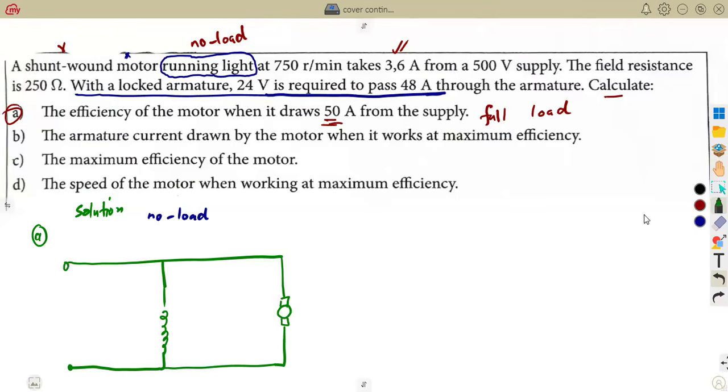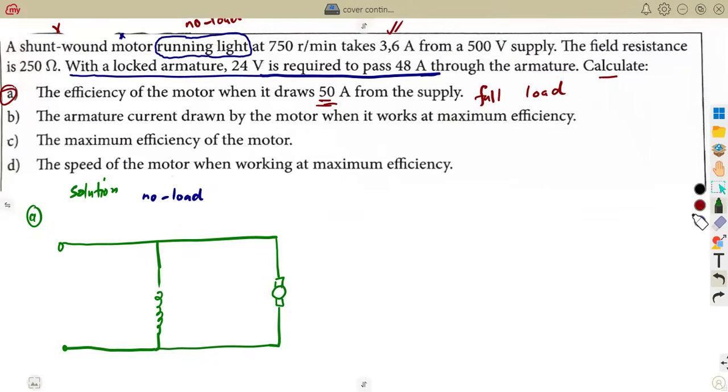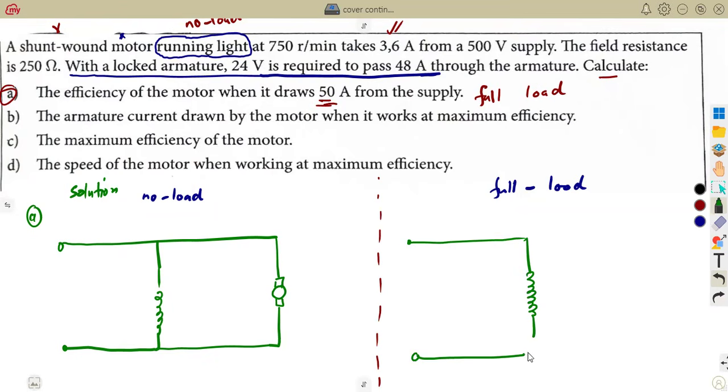I'm just going to quickly have this part, and also for the full load, I'm going to consider the full load on another part, and at full load, still the same because we are dealing with the shunt wound motor. All right, to the armature. Okay, so that is it, guys.